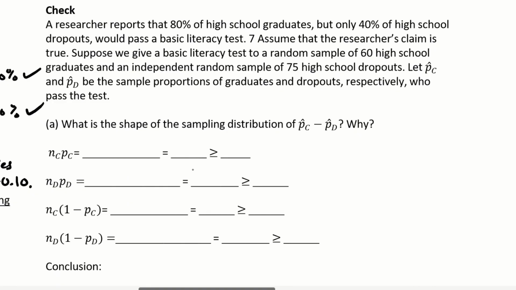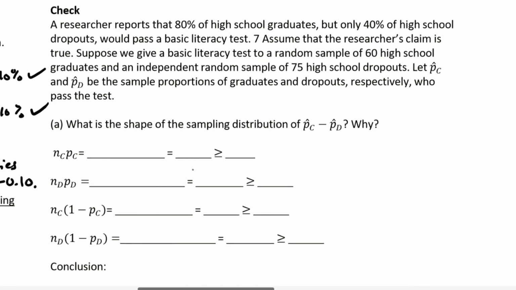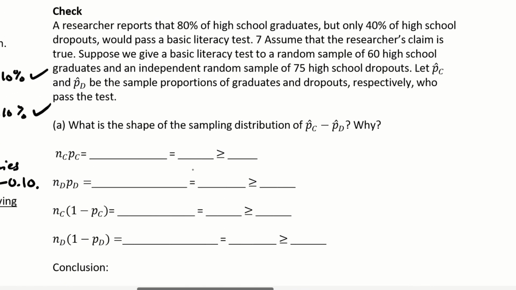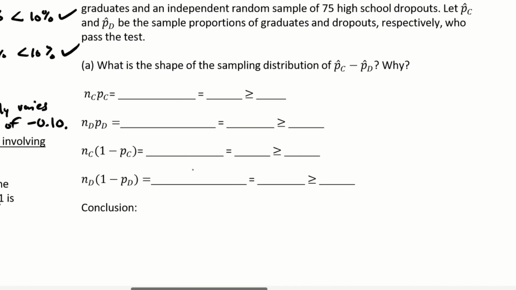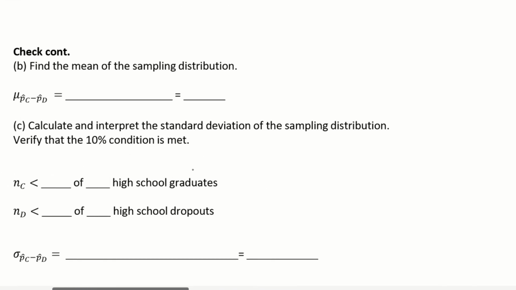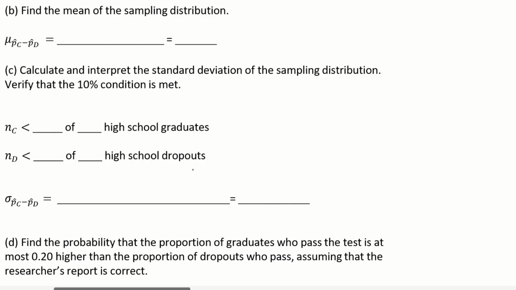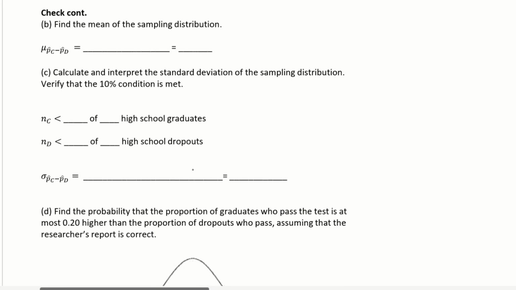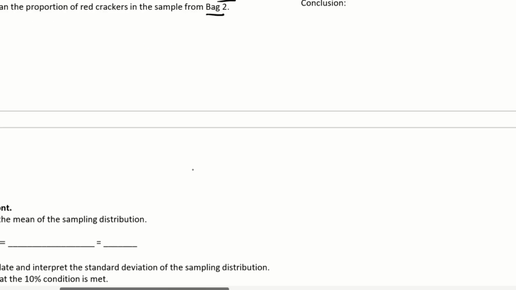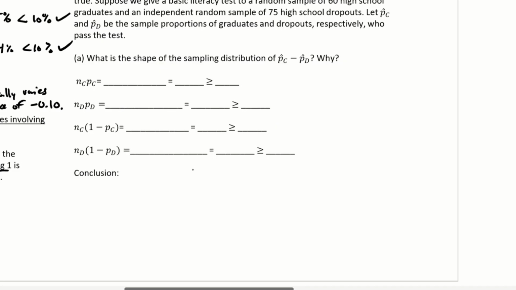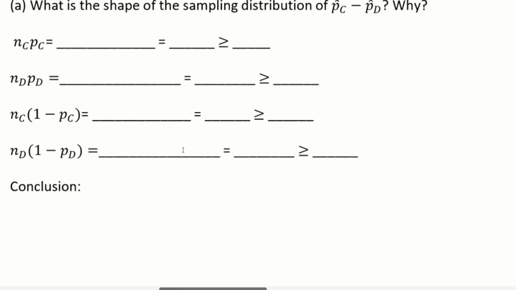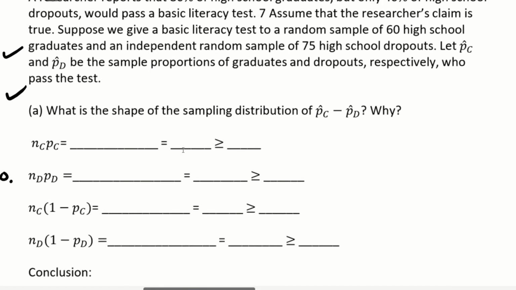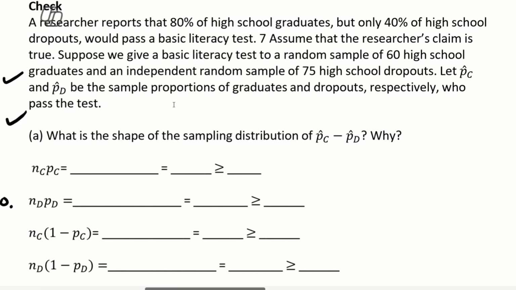All right, hopefully you did part A. Let me go ahead and show you part B here. All right, so I showed you parts A through D, so let's go ahead and solve this. A researcher reports that 80% of high school graduates, but only 40% of high school dropouts would pass a basic literacy test.